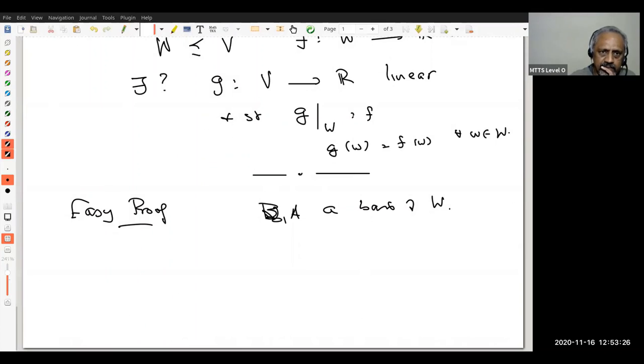Therefore, what I know is there is a basis, call it A, of W. Now, A is also a subset of V. It's linearly independent.